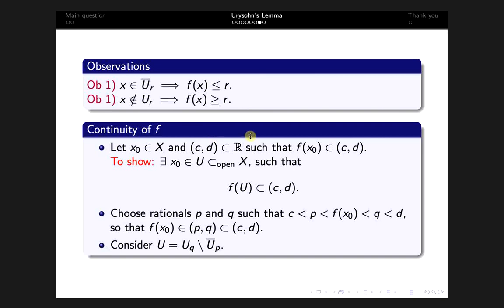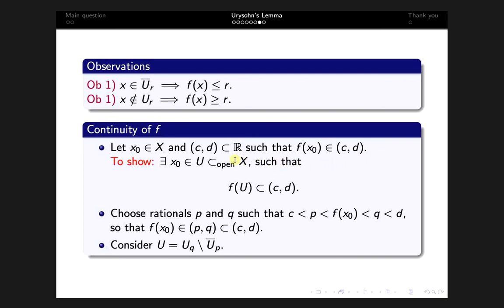So f of x naught belongs to the open interval C comma D. That means f of x naught is strictly less than D and strictly greater than C. In between C and f of x naught we have some rational, and in between f of x naught and D we have some rational, because between every two real numbers there exists a rational.